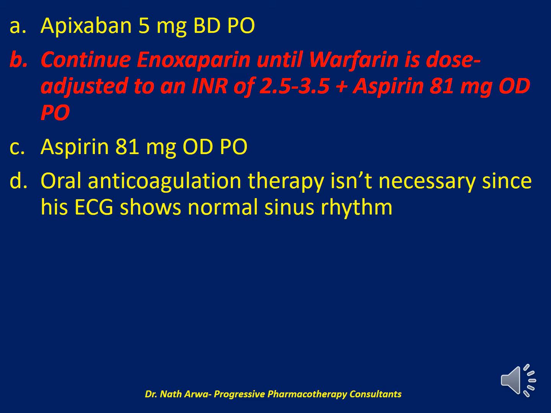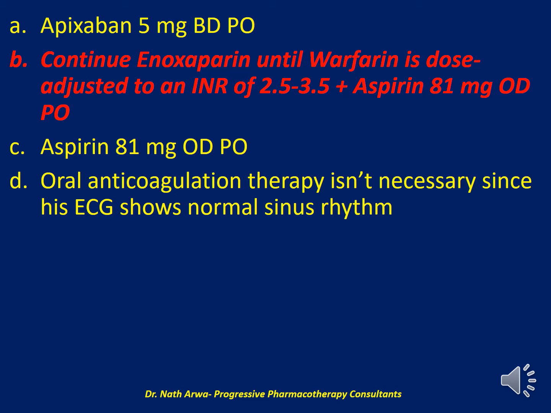Now, as per the AHA/ACC guidelines for valvular heart disease, the first-line therapy for the mitral valve prosthesis is vitamin K antagonist therapy, e.g. warfarin plus aspirin. Now, the aspirin dose can range anything from 75 to 100 milligrams daily.